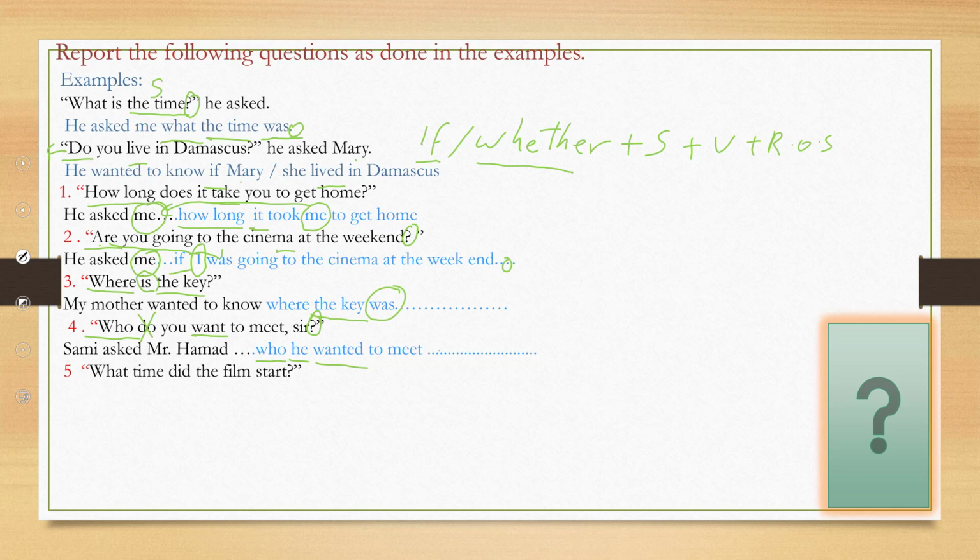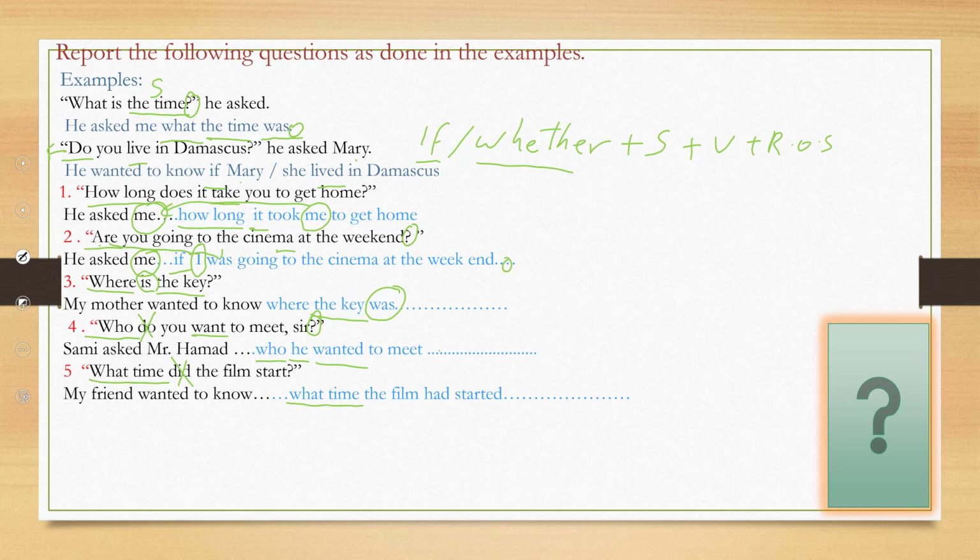Number 4. What time did the film start? What my friend wanted to know. First, the question word what. We also write it again. What time? We take the two words. And what do we do with do, did, here? It should be dropped.